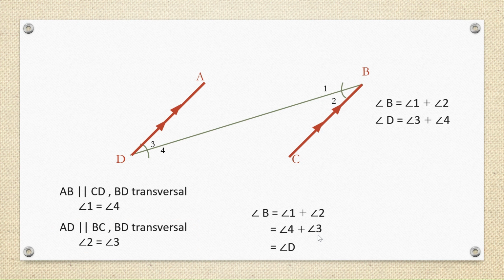B and D are the opposite angles. When we take the diagonal BD, we can prove that angle B equals angle D. In a similar way, if we take diagonal AC, we can prove angle A equals angle C. So hence we can tell the opposite angles are equal.